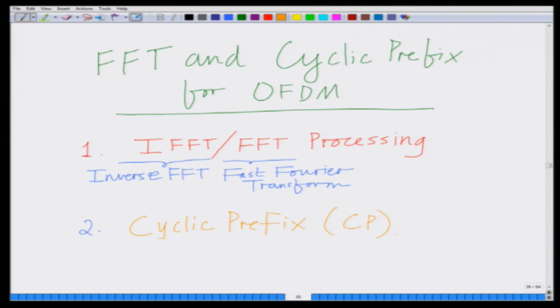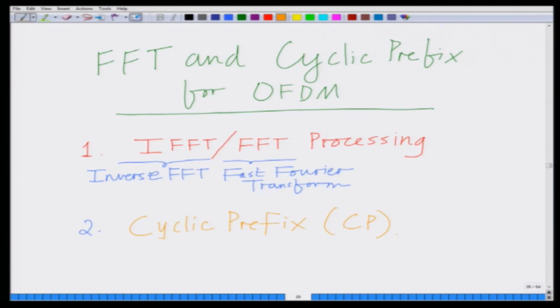So we are going to look at two key aspects in OFDM. One is the IFFT/FFT processing, where FFT stands for the fast Fourier transform, IFFT is the inverse fast Fourier transform. And the second aspect is something unique, which is known as the cyclic prefix. Okay, so we are going to look at these two aspects, which are the key ingredients or the key steps in OFDM or orthogonal frequency division modulation based wireless communication.